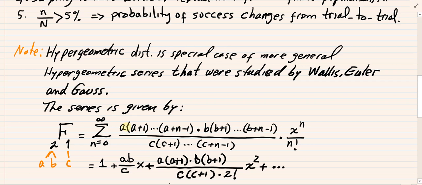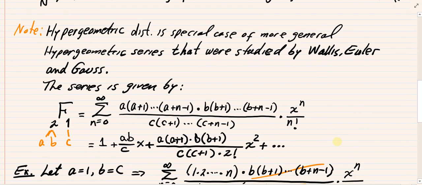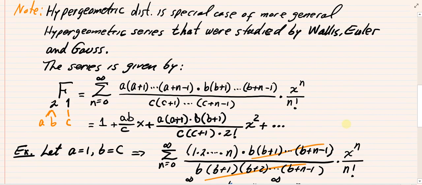So when n is 0, indeed, you get x to the 0 over 0 factorial, which is 1, and we take all of the fraction to be 1. That's just by definition. Now, you have the second, third, and so on terms of the series here. If I let a be 1, and b and c be equal, then I can rewrite the series in this form, right?